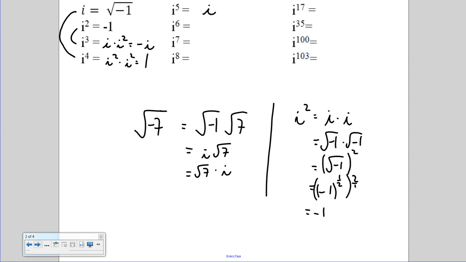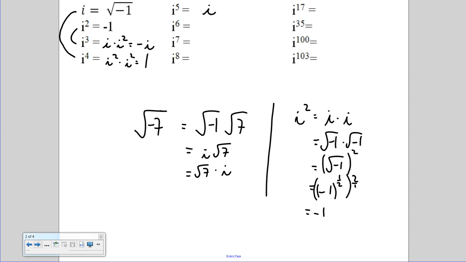Remember, when you're multiplying powers, you add the exponents.